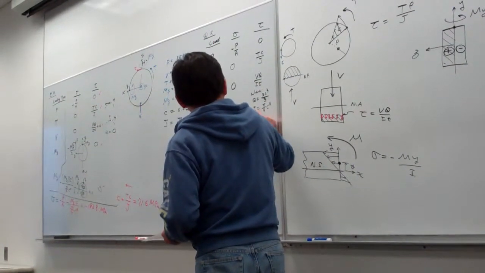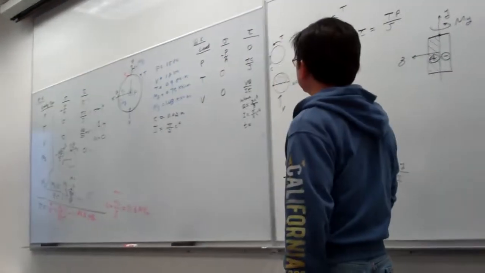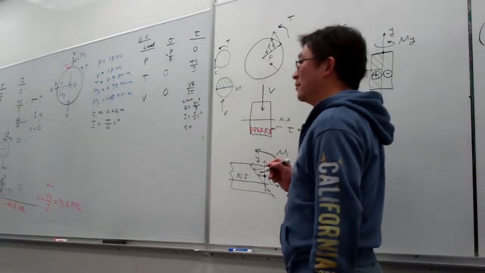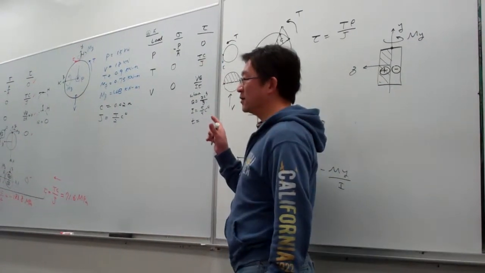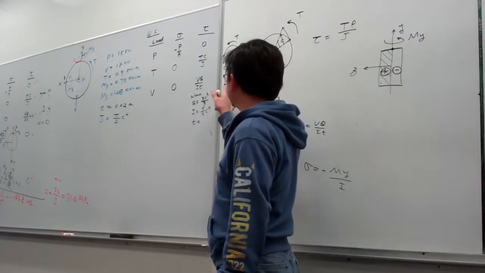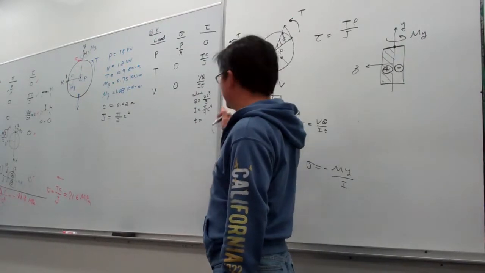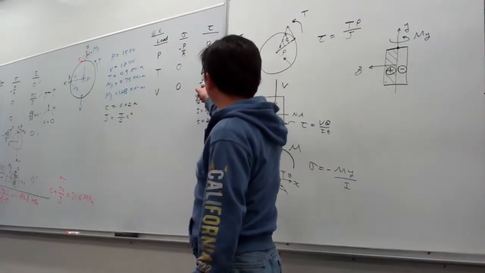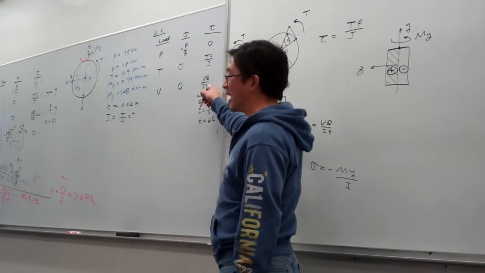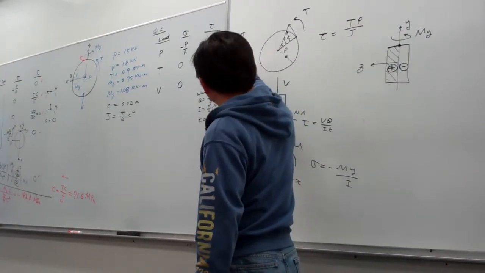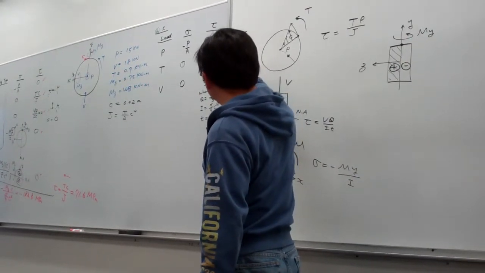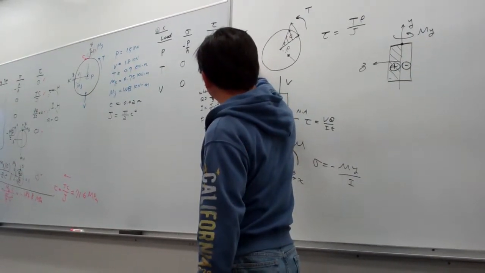And what is t? t is the width, so it's 2c. And so in this way, using this formula, we are not only calculating the stress at this point, but that value represents the stress at any point along the cut.